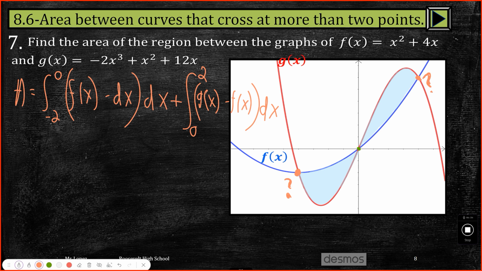So you're gonna go with f of x is... do we do the happy face on that? F of x equals x squared plus 4x. Enter it. And then g of x.